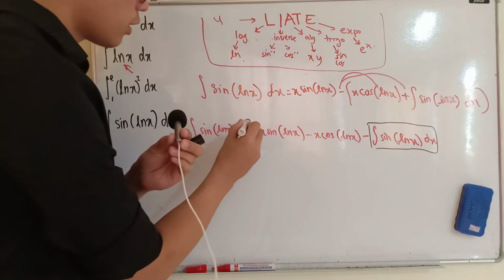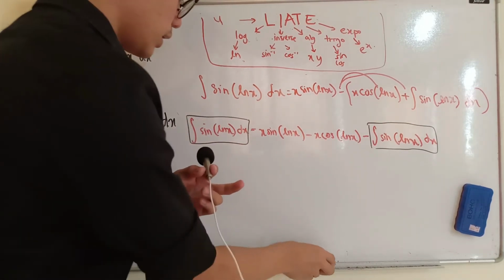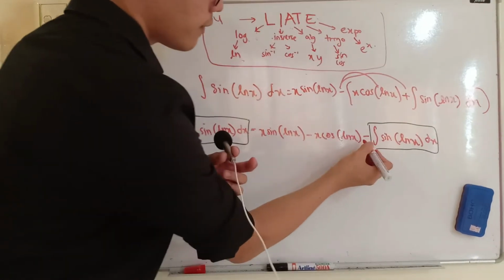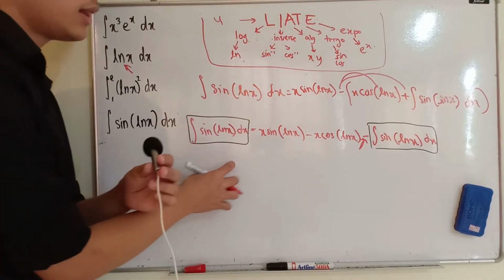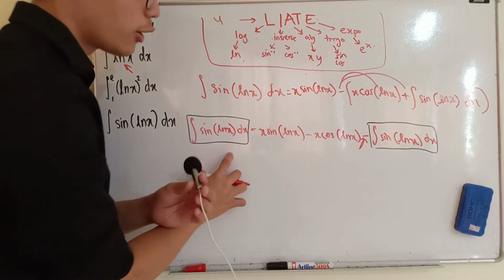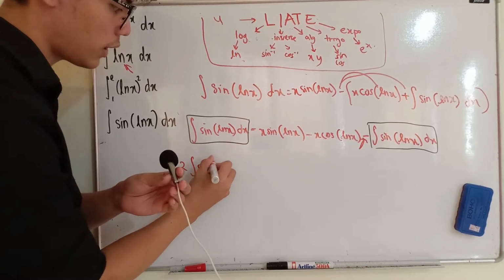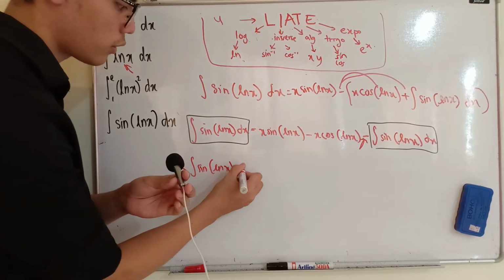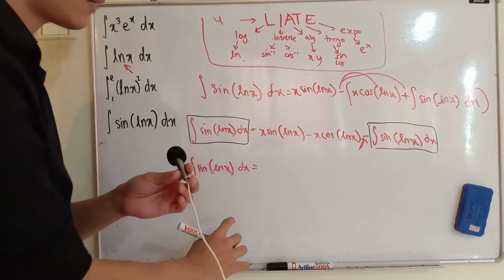This one is actually your question. Since you have a minus sign over here, when I bring it to the left hand side, shifting to the other side, it becomes 2.